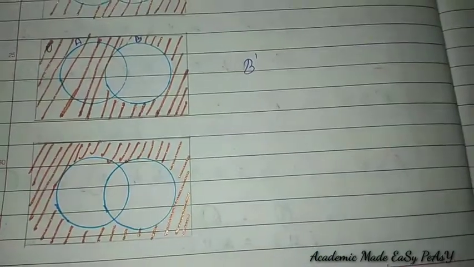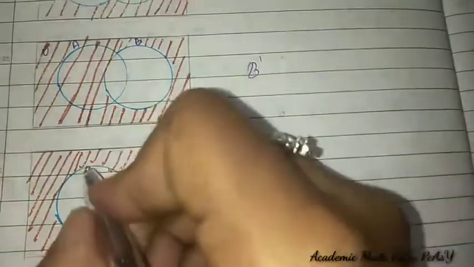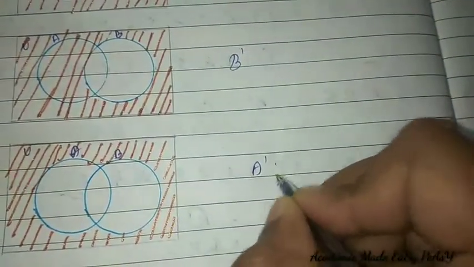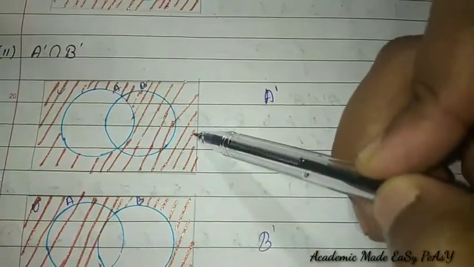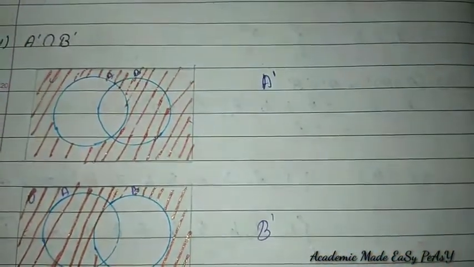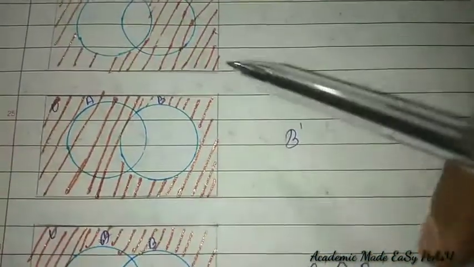I will be doing it this way, so that this is A, B and U. So this will be A dash intersection B dash. First I do A dash. Is that clear? Except A, I have shaded the other region. Then comes my B dash.